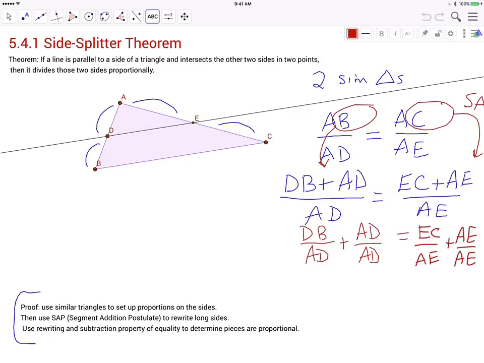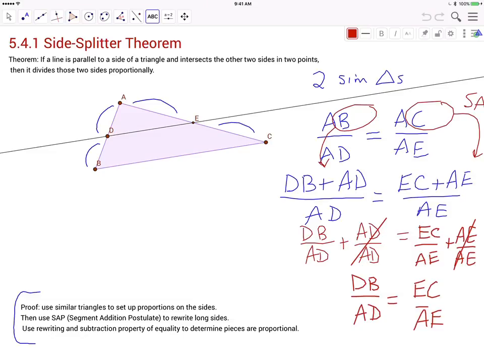Now these are both 1, and so I can subtract 1 from both sides and I end up with DB relates to AD the same way that EC relates to AE.